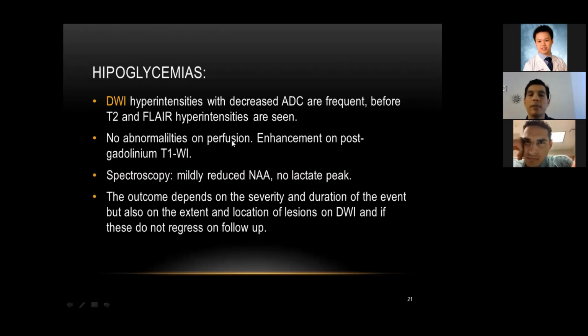And no abnormalities on perfusion will absolutely discard a stroke. And there is enhancement on post-gadolinium in the areas. In spectroscopy, mildly reduced NAA with no lactate peak. That is why I say that this is something that is very fast.